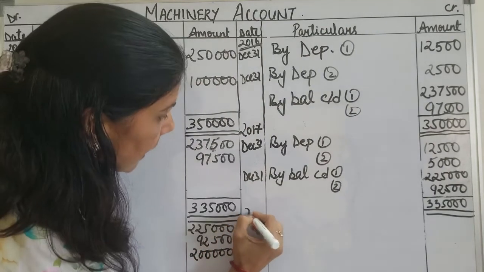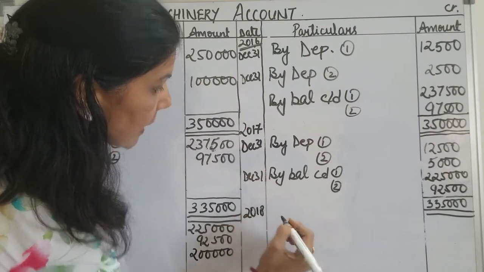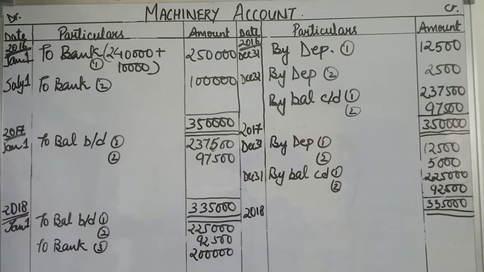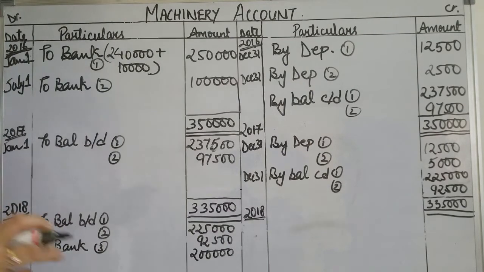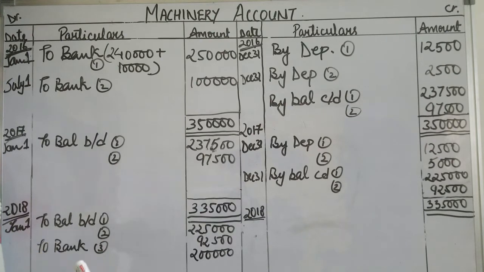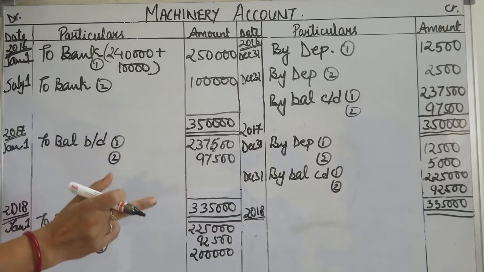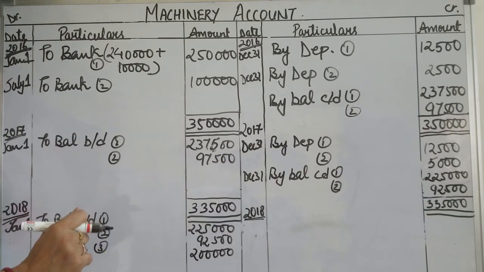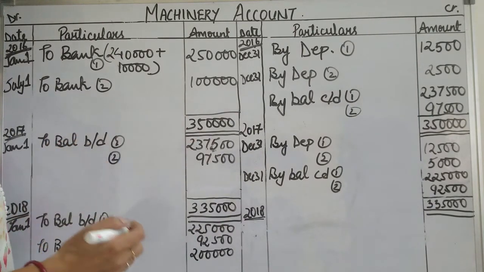Now let's make the entry of sales. So here we have sold our own machinery. So before selling it we have to provide depreciation also. But depreciation will be provided on the machinery for the period for which it was with the business. And it was sold on 1st July. So depreciation will be provided for the first 6 months at least.